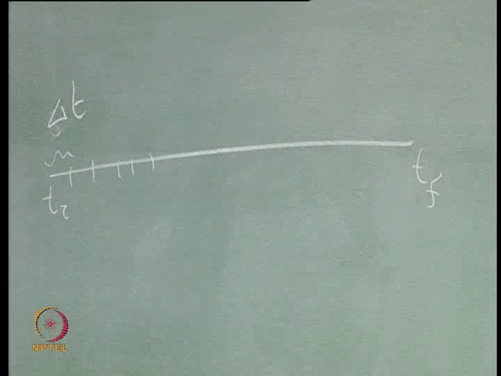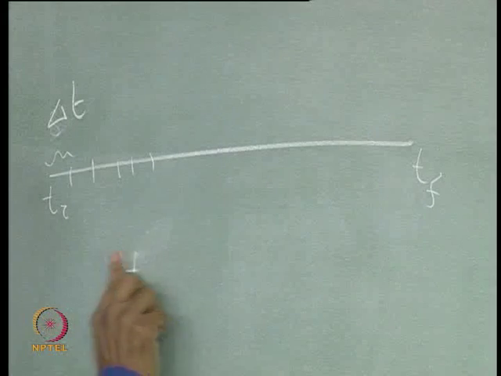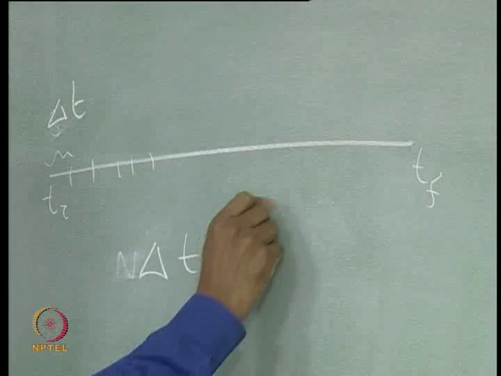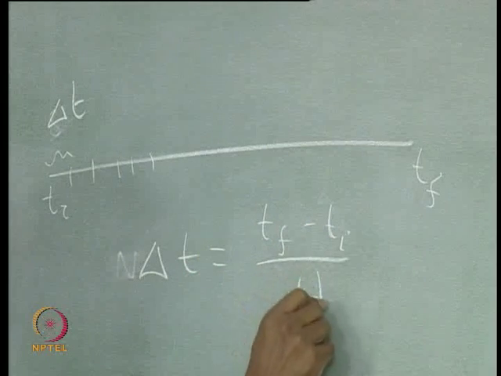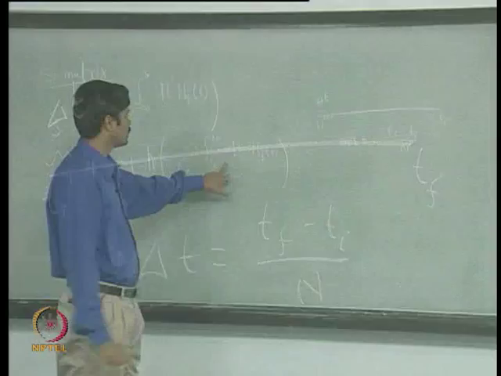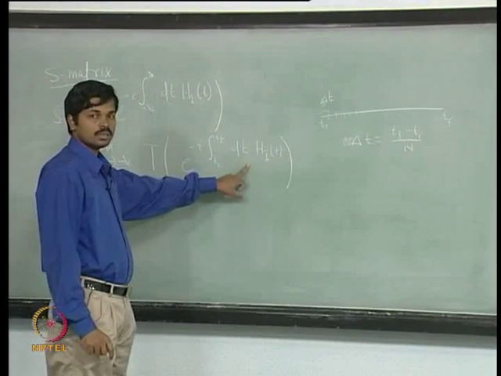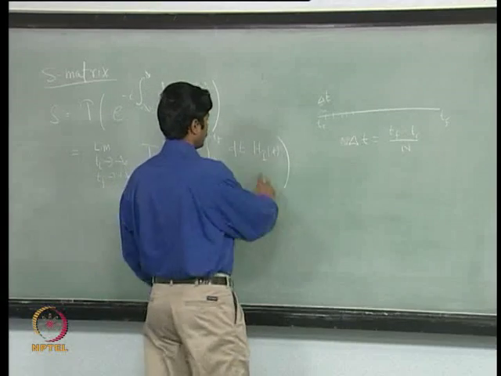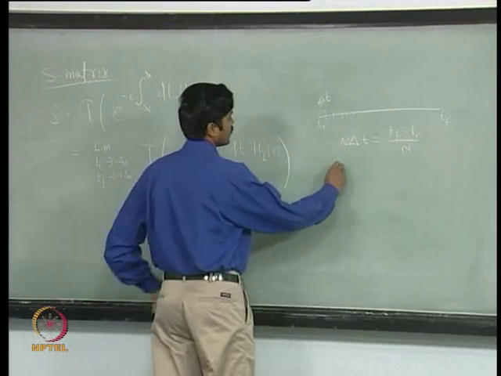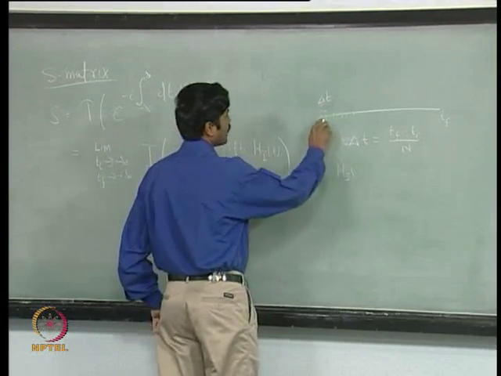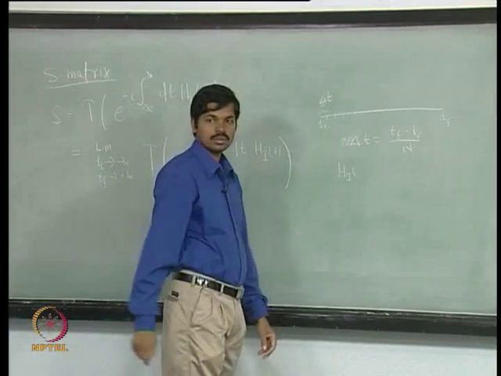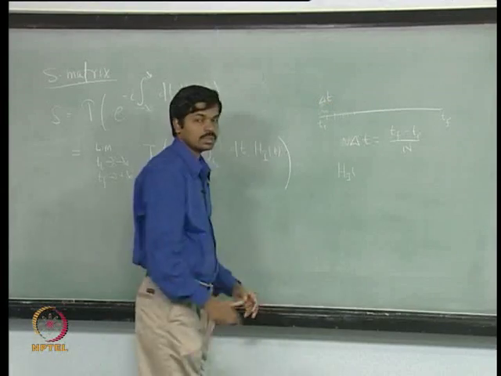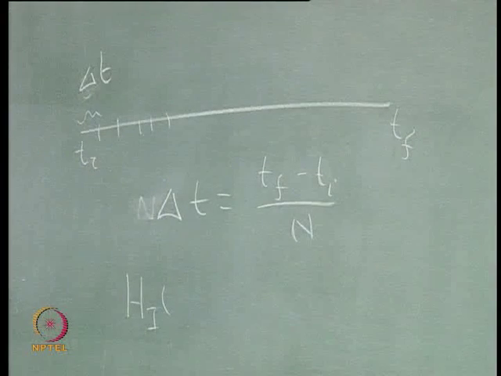So, delta t equals T f minus T i divided by n. Then this integration you can write as a sum of the values of h I at the midpoint of each of these intervals times the length of the interval, in the limit when the size of the interval is very small, an infinitesimal quantity.